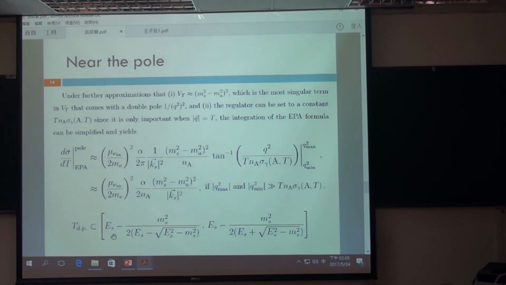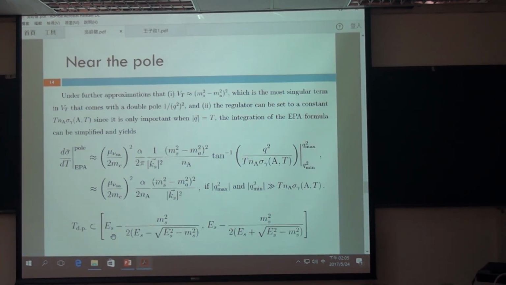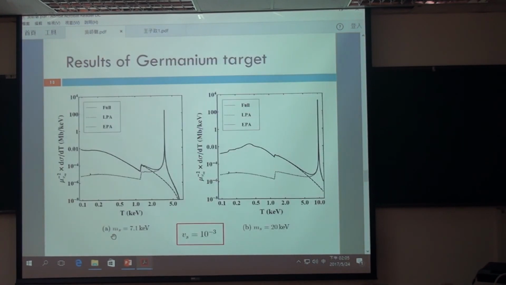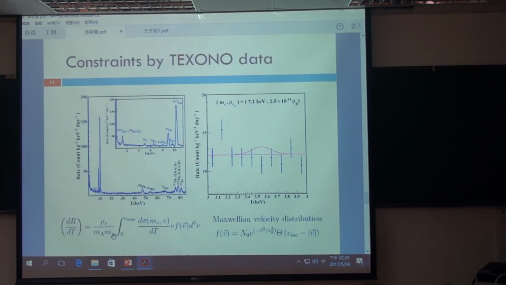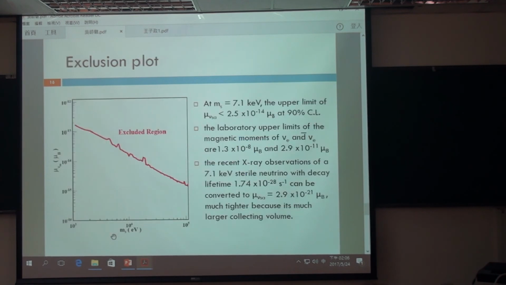Once we are given the mass and velocity, we can have this kind of enhancement region, and it can be fit to the experimental data. Like this is data from an external collaboration.